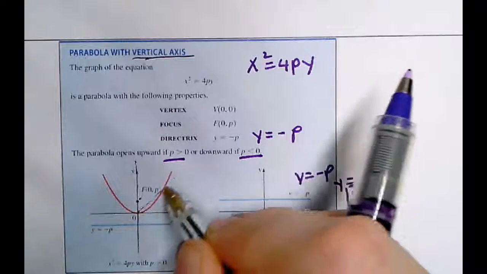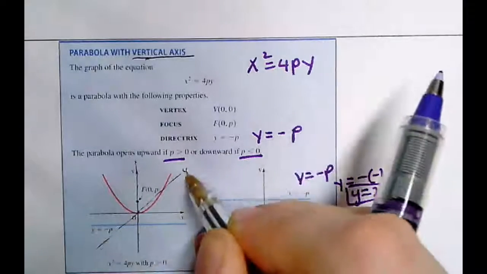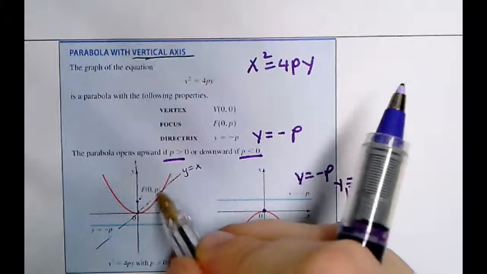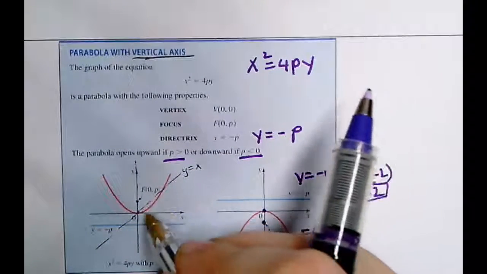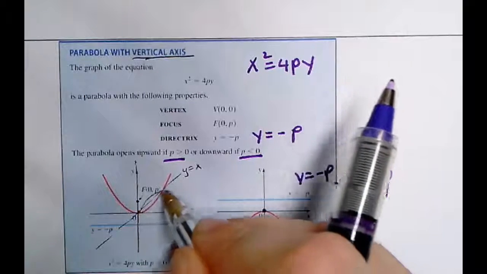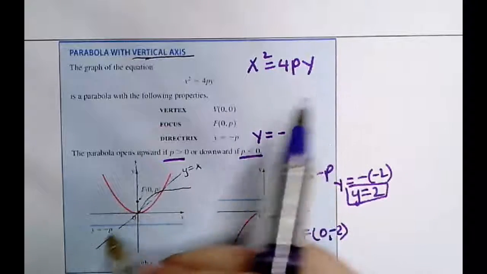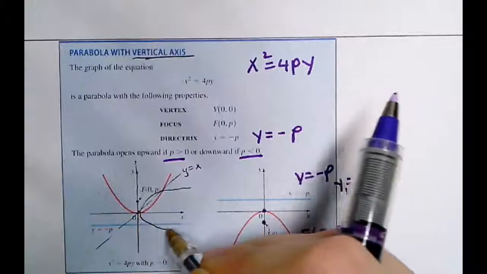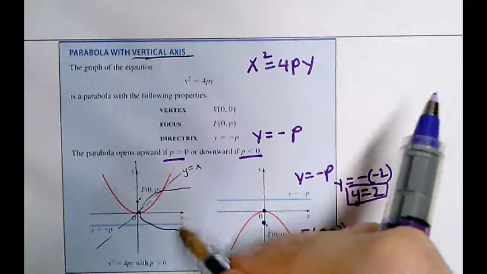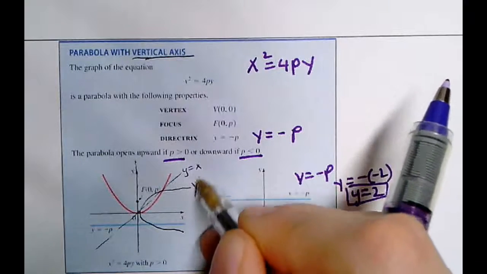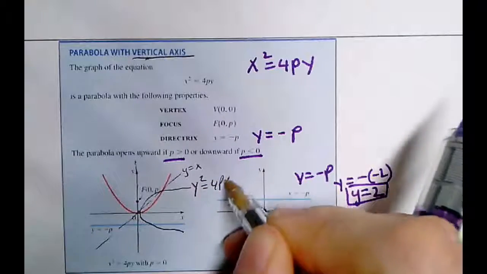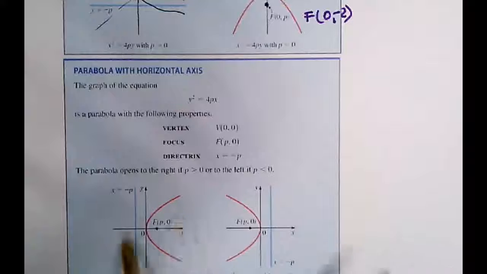If I have the line y equals x, and I flip the graph, or reflect the graph over this line, this is going to go like this, and this one flipped over y equals x is going to go like that. So when I switch the roles of x and y, I'm going to have y squared equals 4px, then I'm going to get a parabola opening to the right or opening to the left.